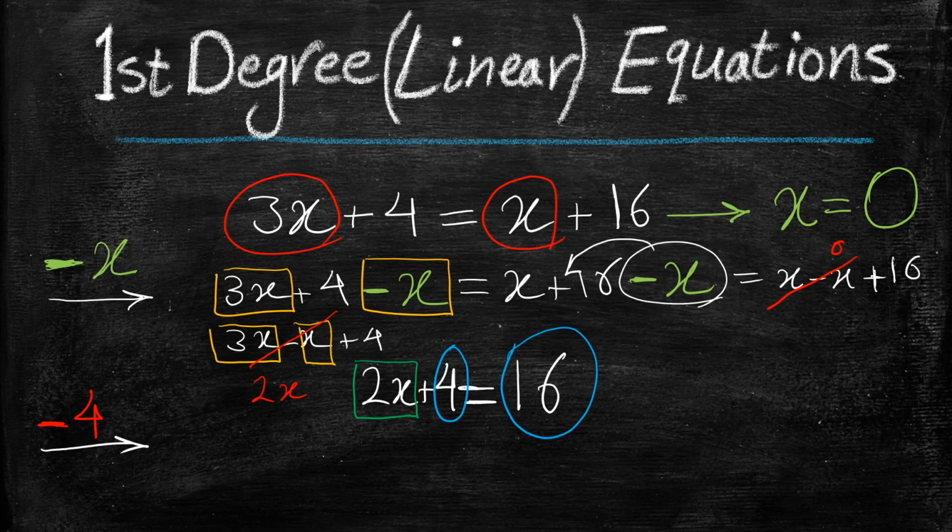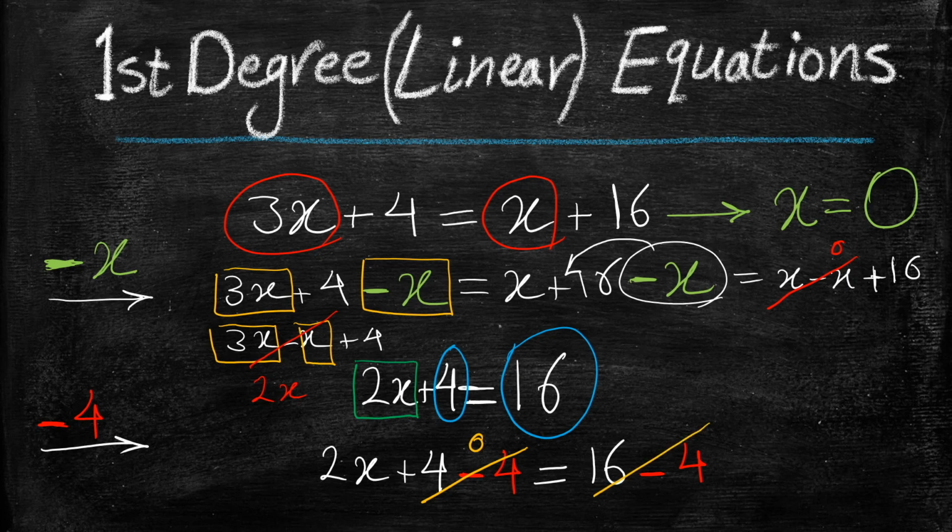So 2x plus 4, now minus 4, equals 16 minus 4. Again, the left hand side, 4 minus 4, simplifies as 0. 4 minus 4 is 0. 16 minus 4 is 12.